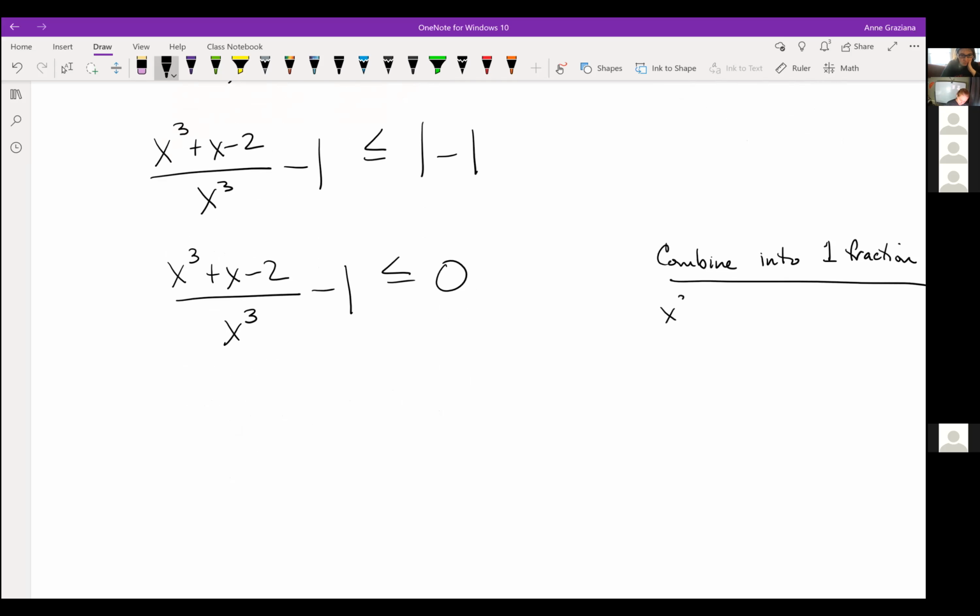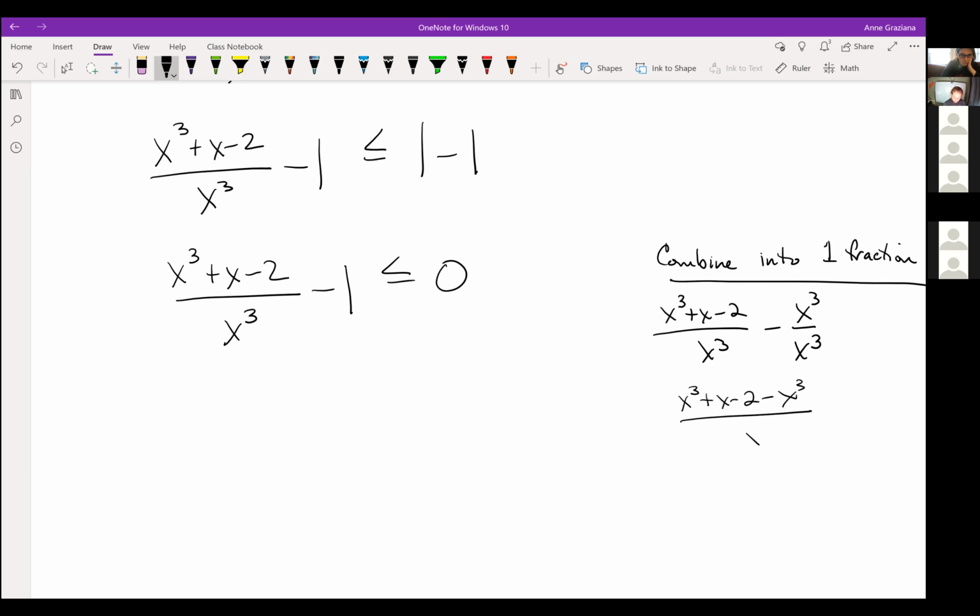So I'm going to take x cubed plus x minus 2 all over x cubed. And 1 is the same as x cubed over x cubed. Is that cool? I'm going to write it with the same denominator, but that means it's just the same thing over itself to make it 1. And so we get x cubed plus x minus 2 minus x cubed all over x cubed.